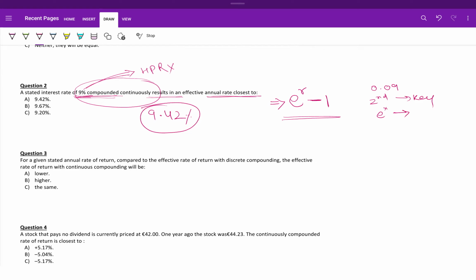This gave us 1.09. Then we subtracted 1 from it and multiplied by 100 to convert into a percentage.